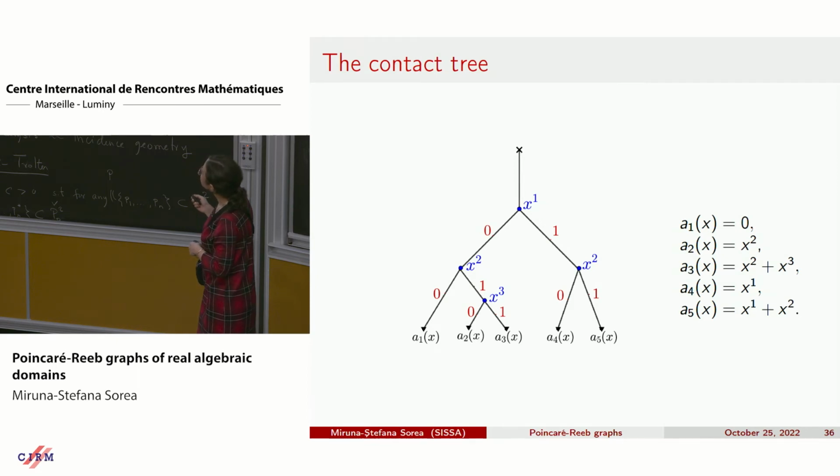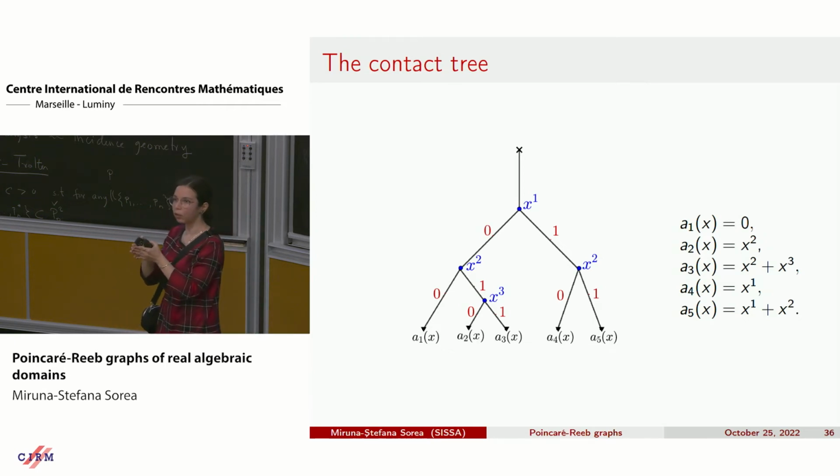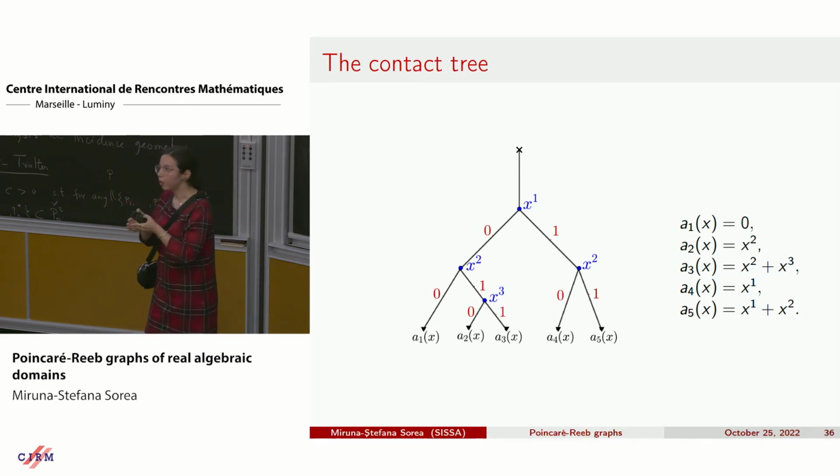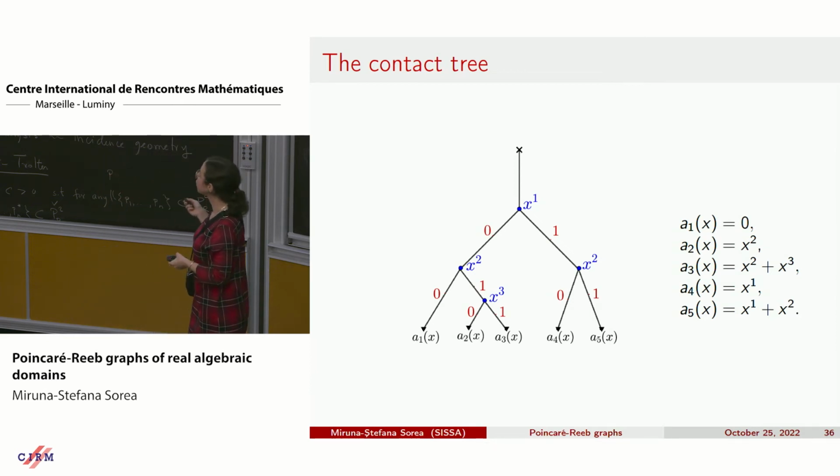They start splitting with x squared. So it encodes how they are in contact, and this can be seen by the graphs. If you take a computer algebra system and plot these graphs, you will actually see this contact.